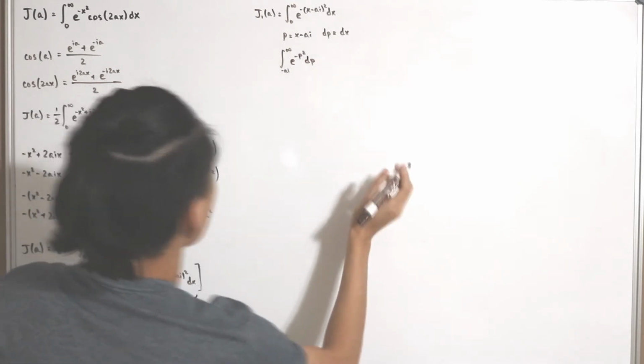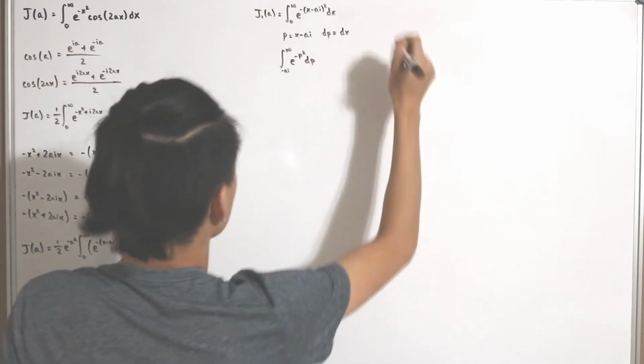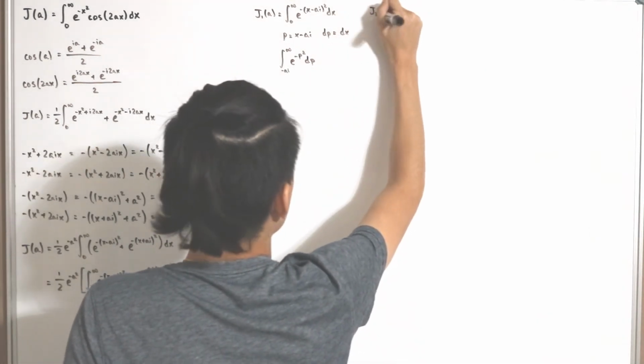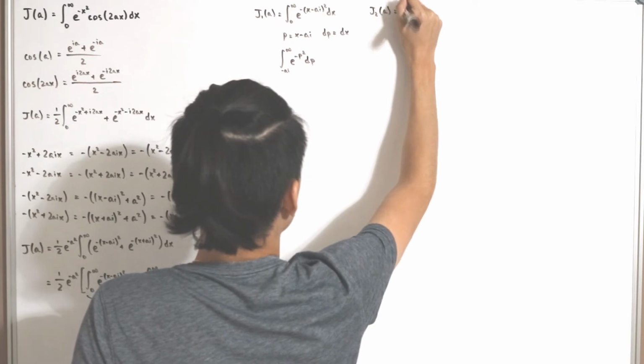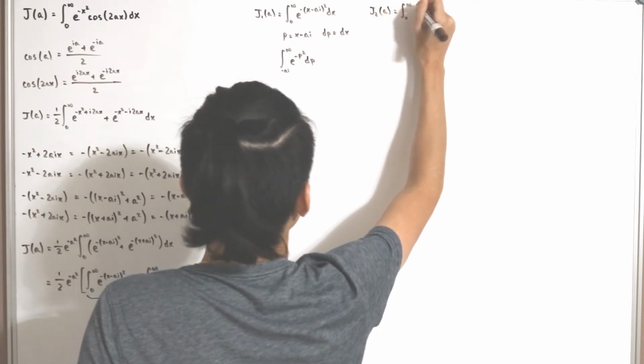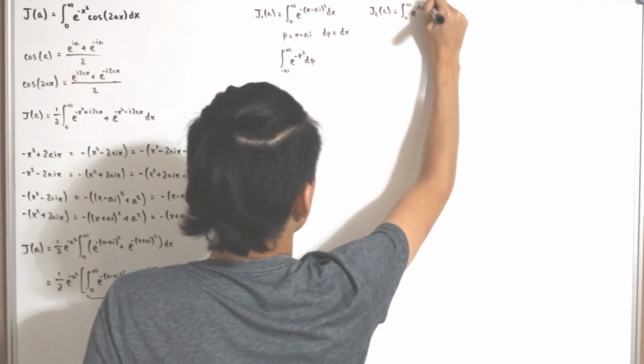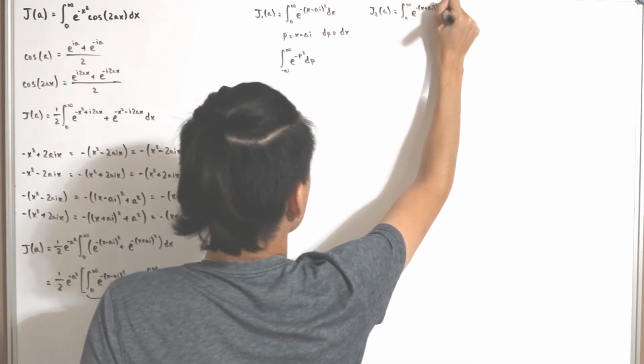And now for j sub 2, it's the same method as before. We have the integral from 0 to infinity of e to the negative (x plus ai) squared dx.